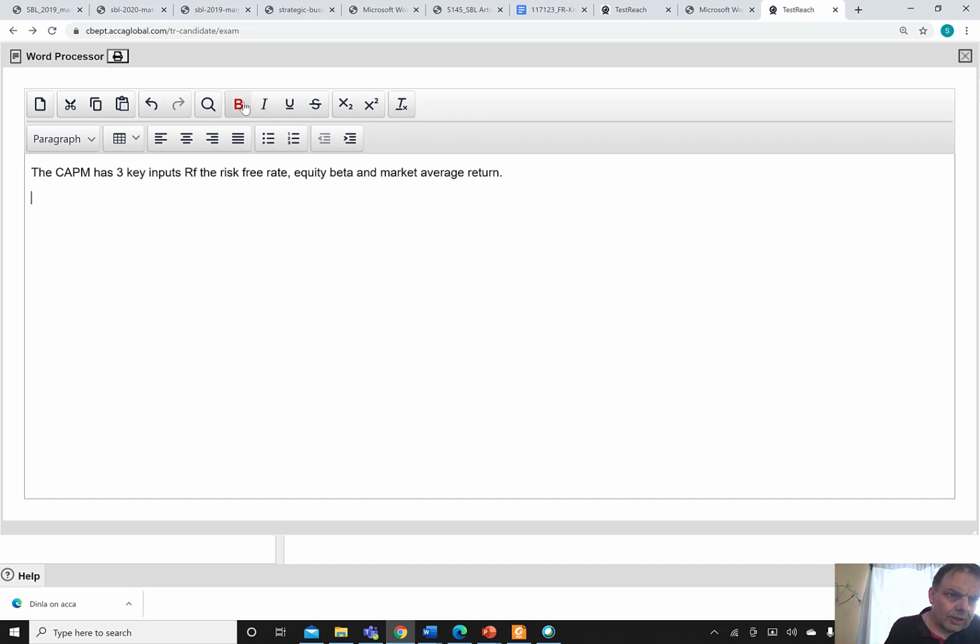So nice layout. Risk-free rate, equity beta, market average return. The model tells us to use the risk-free rate.